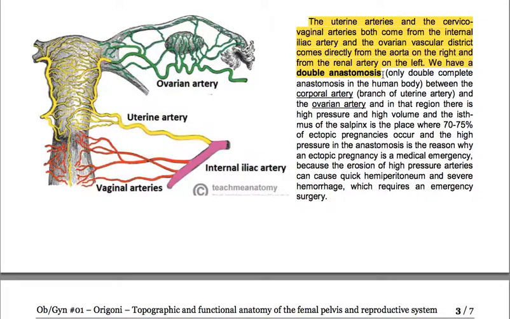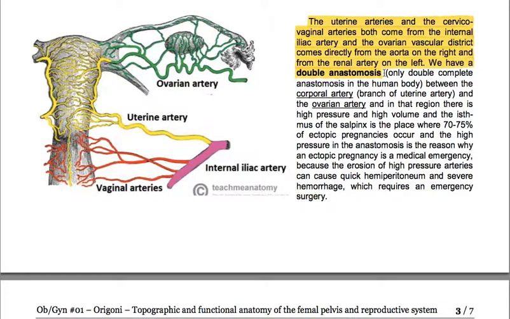So from the internal iliac artery, we have vaginal arteries and uterine arteries. Then we have the ovarian arteries, which come on the left from the renal artery, and on the right from the aorta.